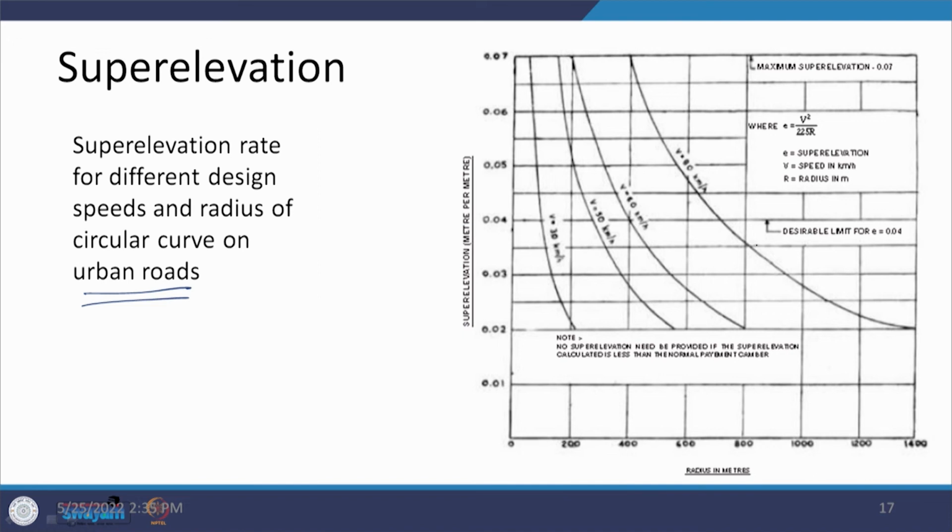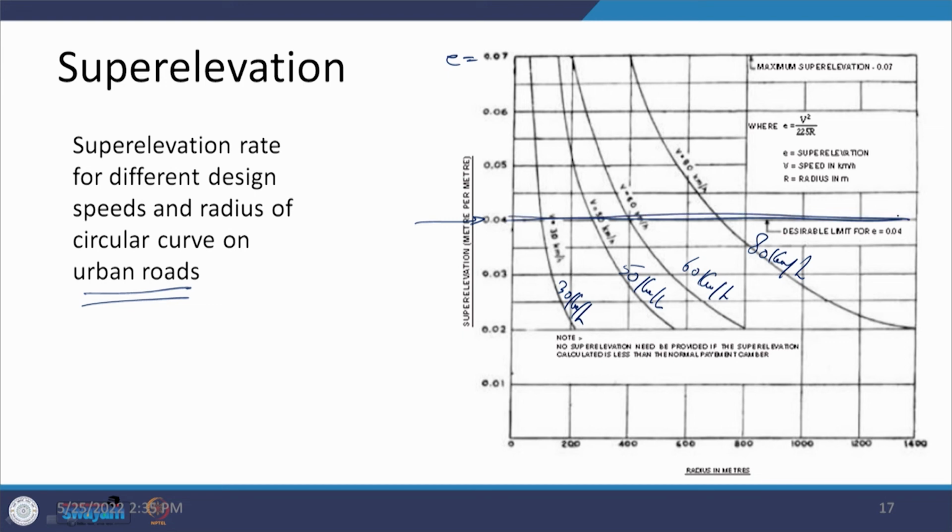This is V of 80 kilometers per hour, this is for 60 kilometers per hour, this is for 50 kilometers per hour, and then for 30 kilometers per hour we have the curves. On this y axis we have the value of E, which goes to a maximum of 7%, and because it is an urban road, 4% is the most desirable one. So, this is the line which can be there.